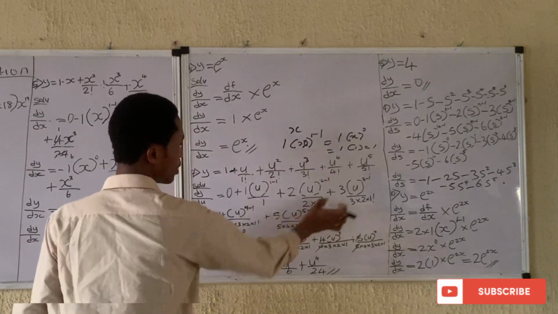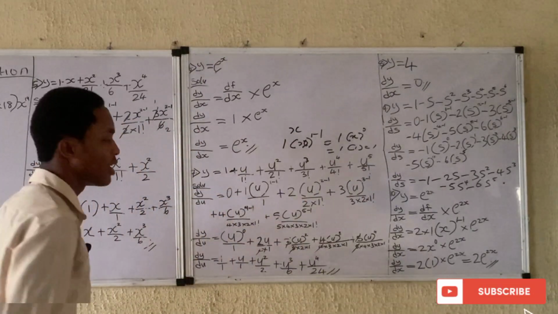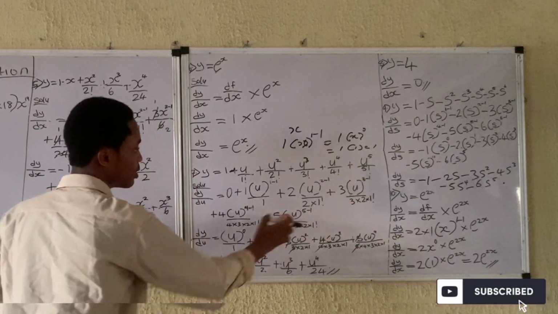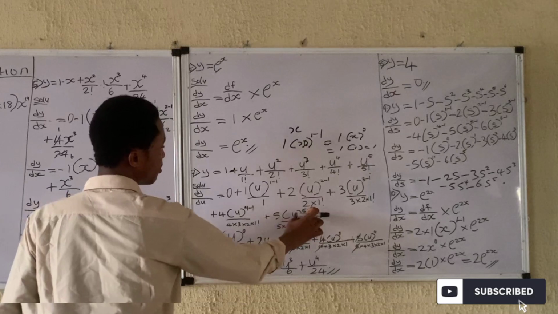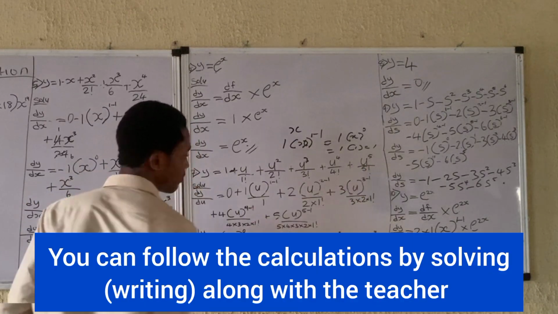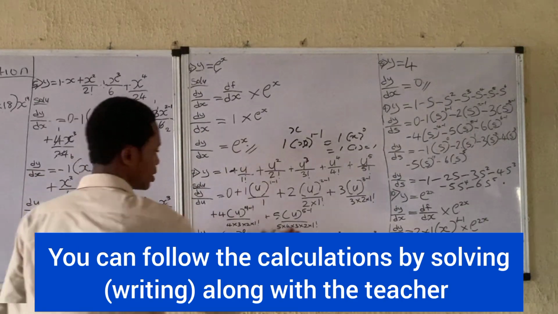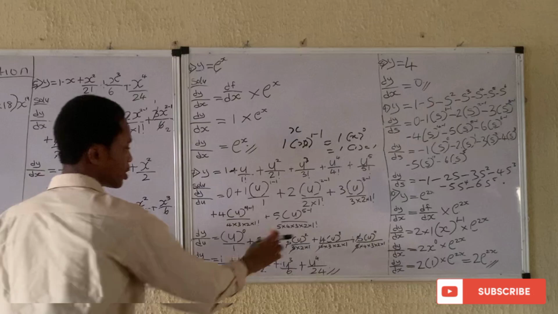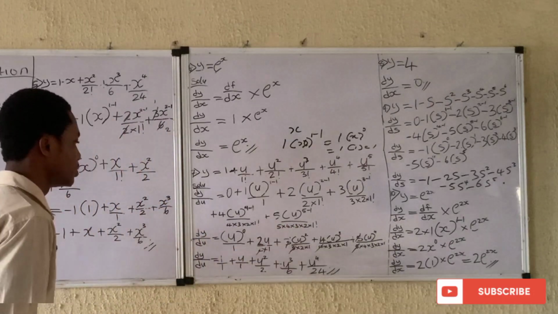Plus the last one, u raised to the power 5 at the numerator. We differentiate it, giving us 5u raised to the power 5 minus 1 all over 5 factorial. 5 factorial is also known as 5 times 4 times 3 times 2 times 1.